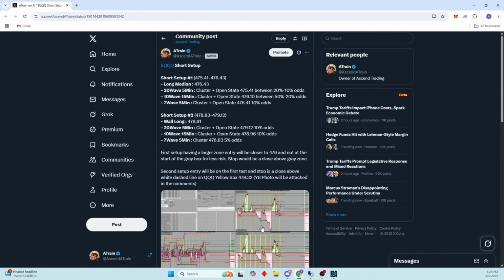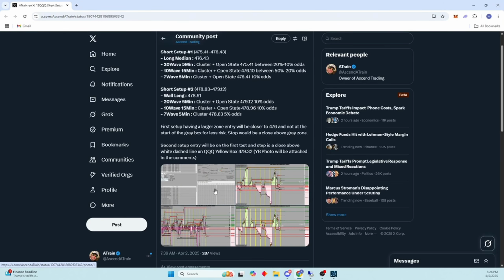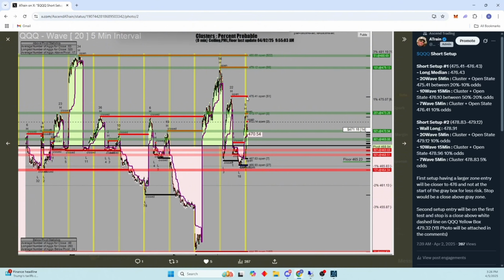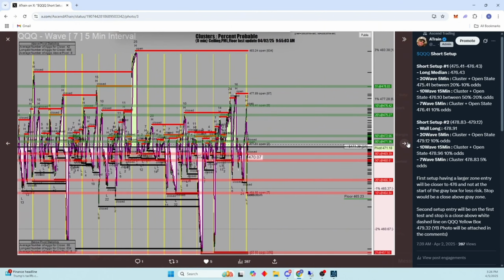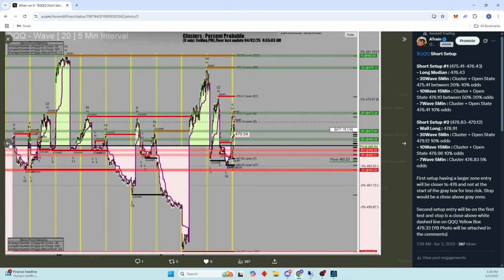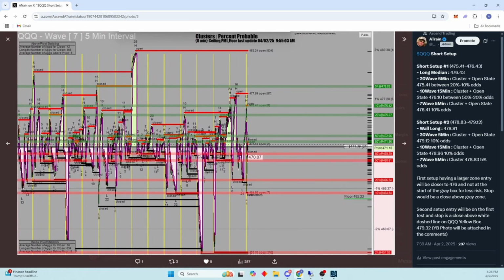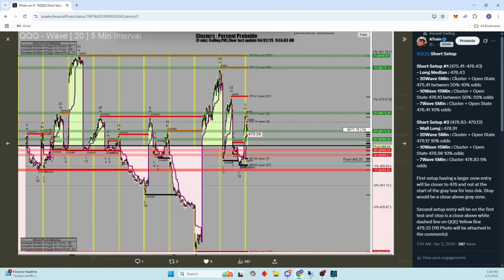So we had 2 gray zones, as you can see right here. First off, you had all the things right here. You can see we had the long median, which is something on Spread Monster. That's something we'll go over in the next session because this one's already about 26 minutes long. On the 20-week 5-minute, you had a cluster plus open state at 475.41, which you can see right here.